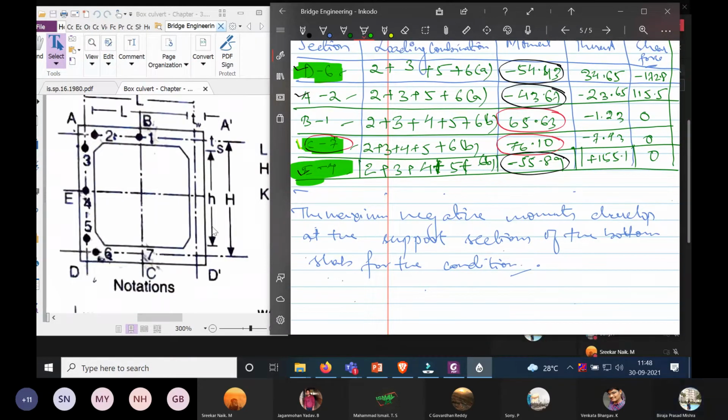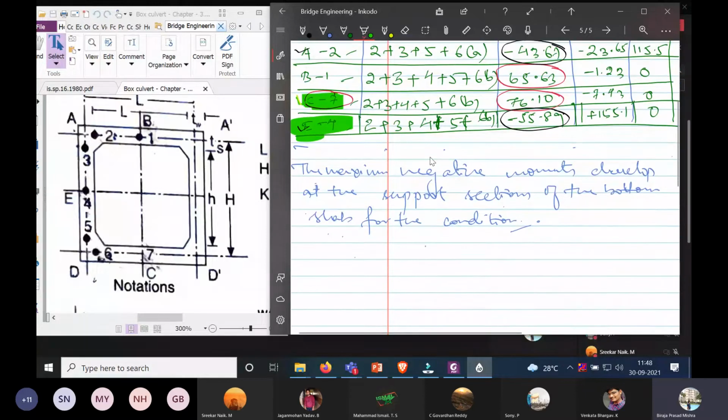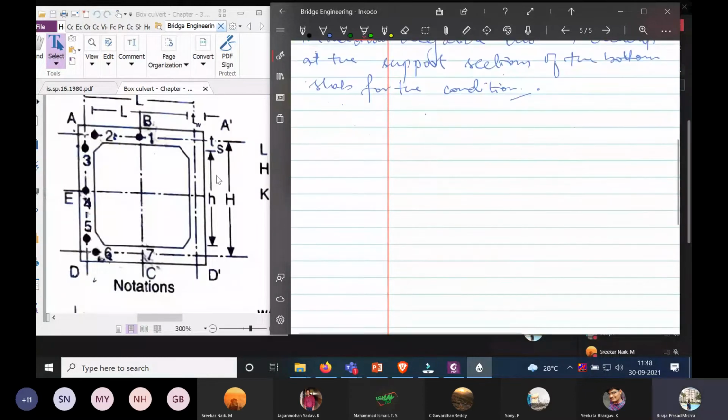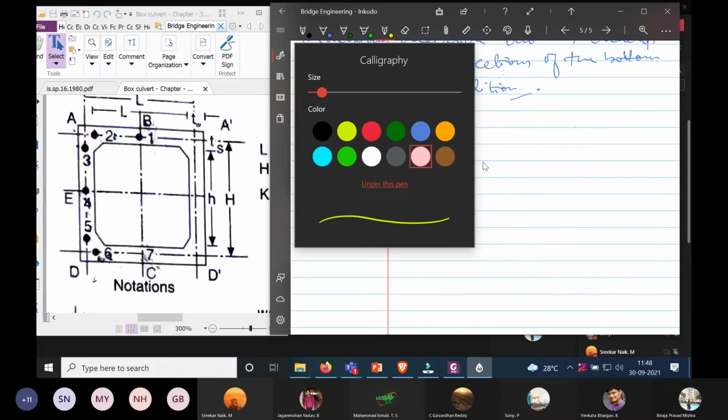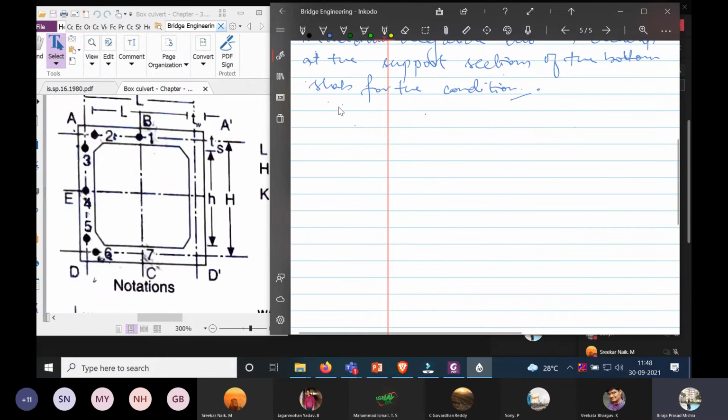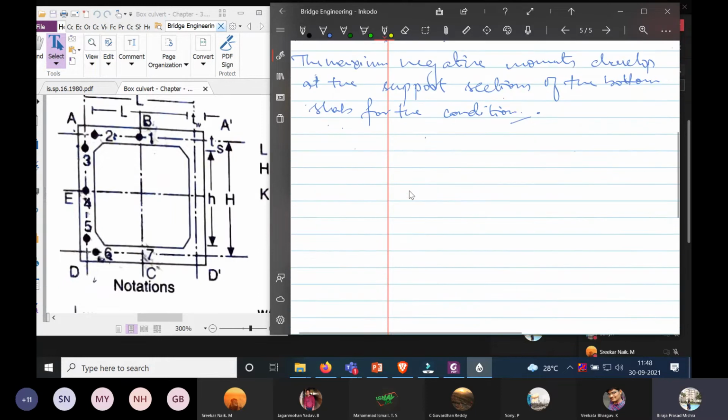So now let's go to the next step, that is the design of section C7.